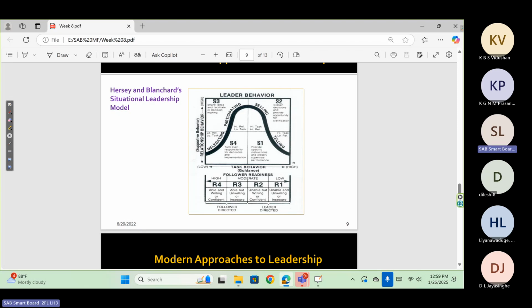Again, zero supervision. They should be alert, but the motivation should be dedicated. The combination is low task, low relationship. It's the delegative or laissez-faire style, or empowering style.